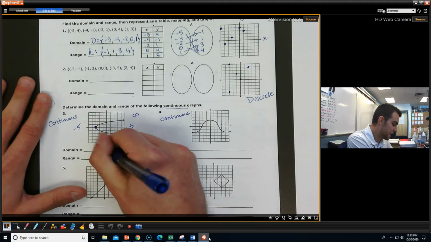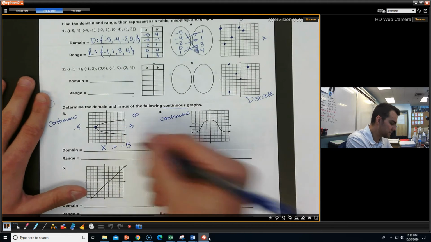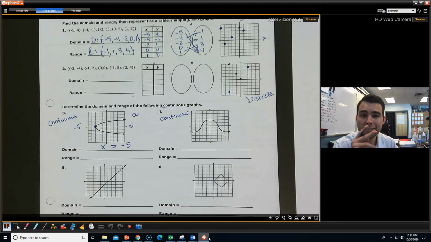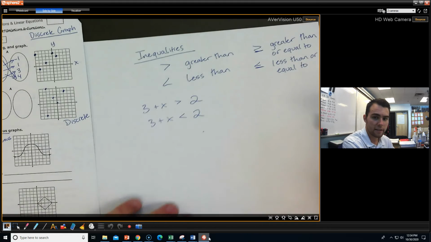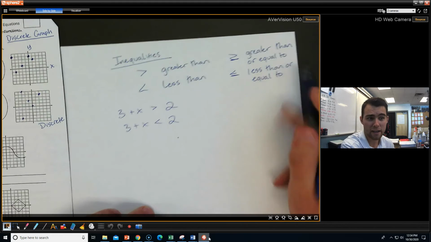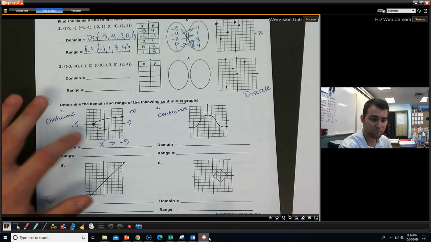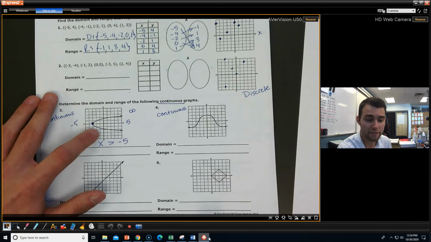So I can write this as x is greater than -5. Does it include -5? Because if it does, we might want to change this up. If it does include it, we want to say it's greater than or equal to. And in fact, it touches -5.